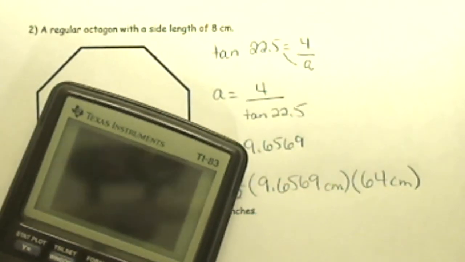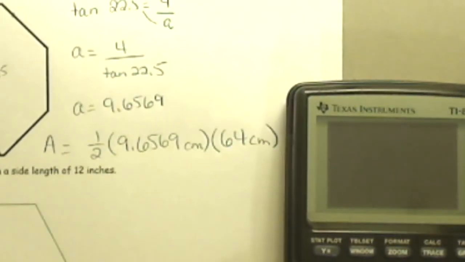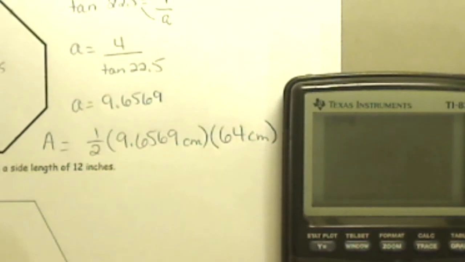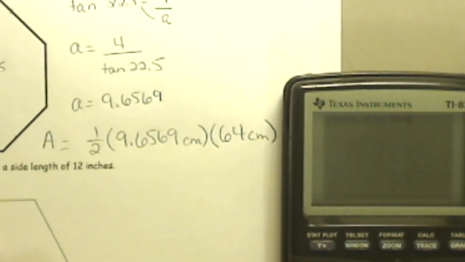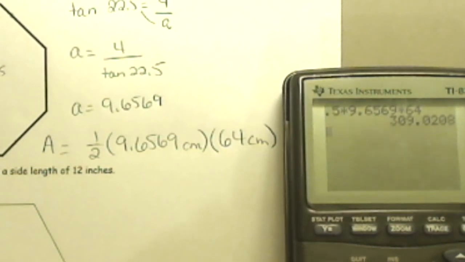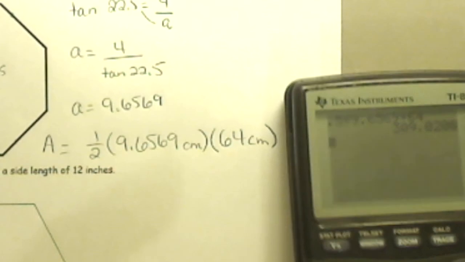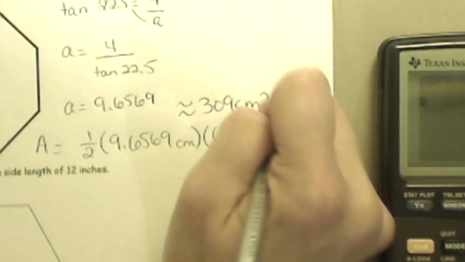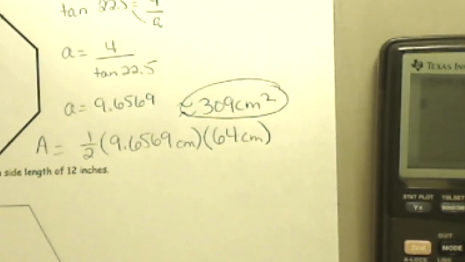So here we go: 1/2 times 9.6569 times 64. And I got 309.02, so about 309 centimeters squared.